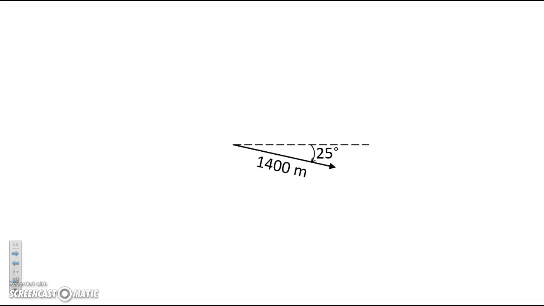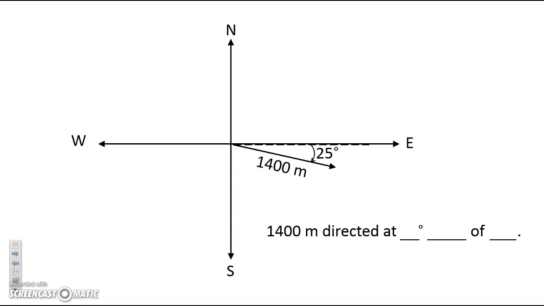Let's try it again with the second vector that we saw. You imagine overlaying northeast, southwest. The first blank, 1,400 meters directed at, first is just the amount of degrees, 25 degrees. We're going to skip the second. Our reference line in this case is still east.